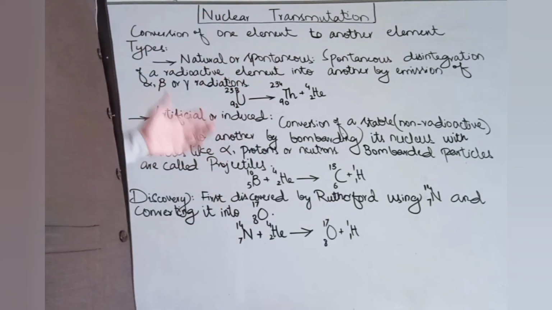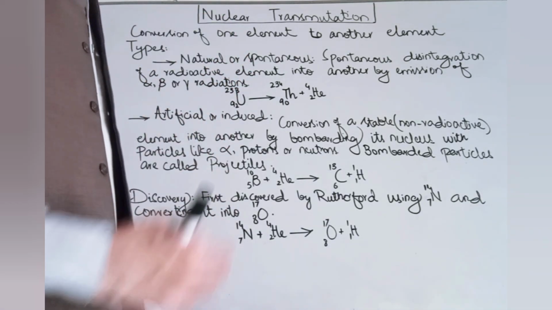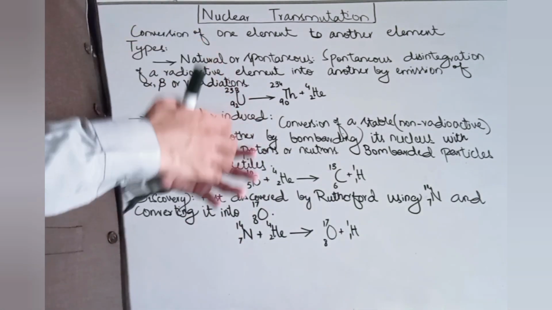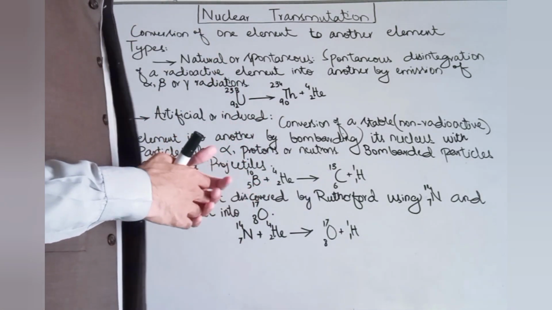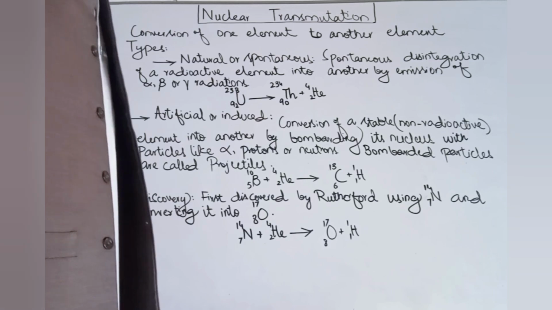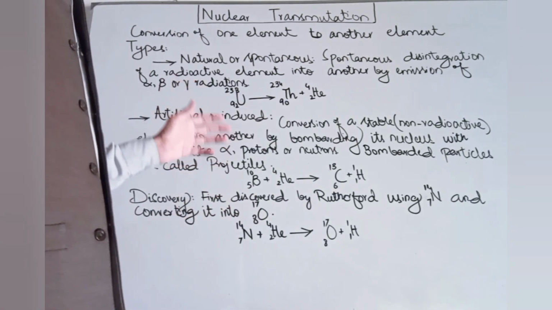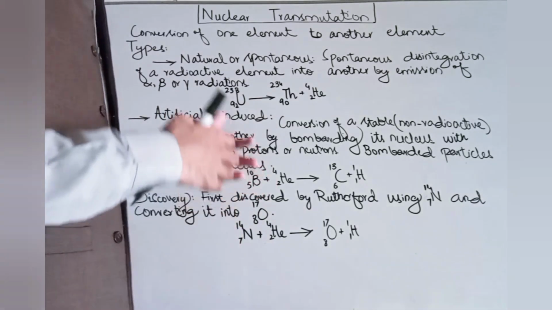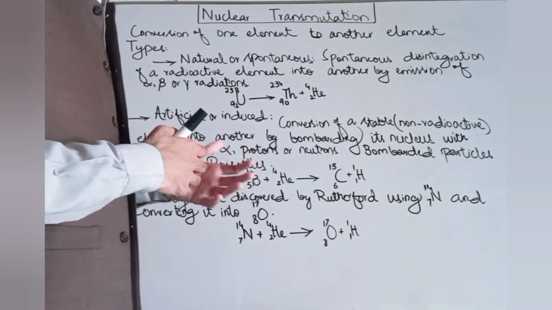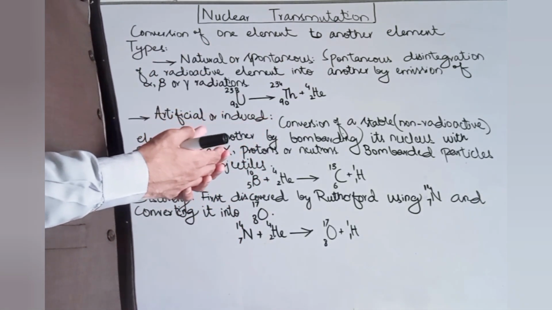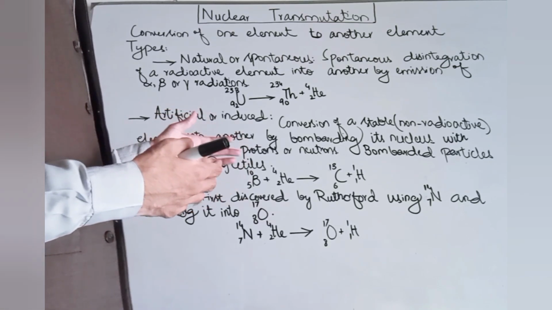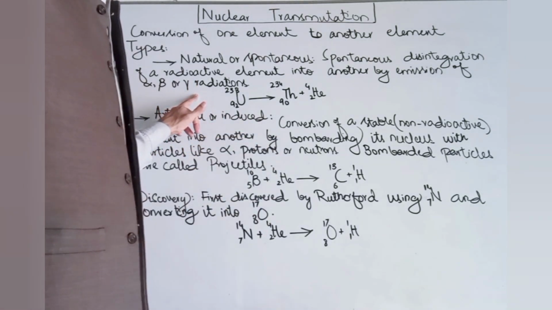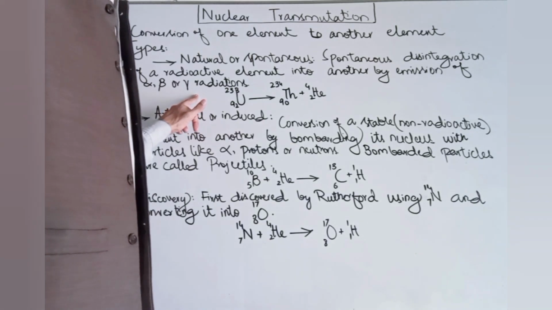Whenever a radioactive isotope or element is kept for a long period of time, there is a spontaneous change in its nucleus by the emission of alpha, beta and gamma radiations, and as a result the nucleus of the radioactive element is converted into that of another, and a stable nucleus is formed as a result of the natural or spontaneous transmutation.